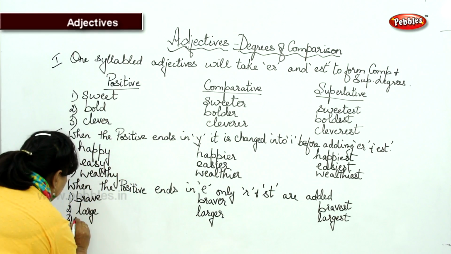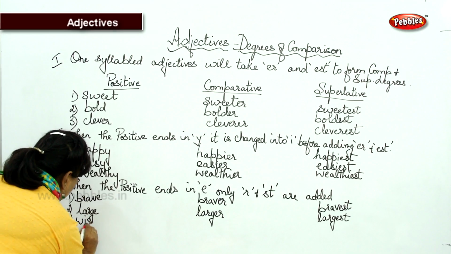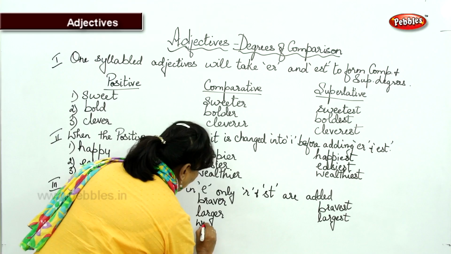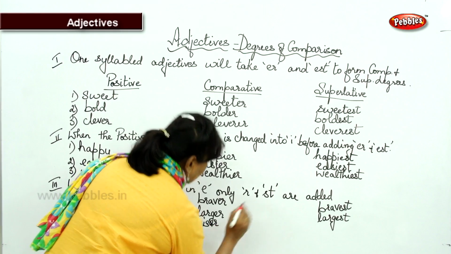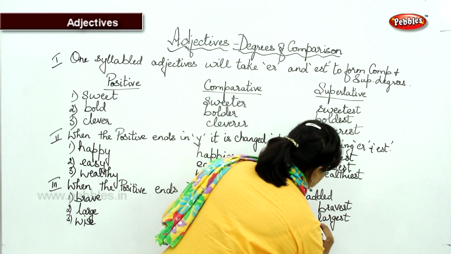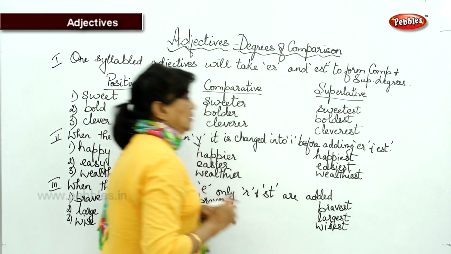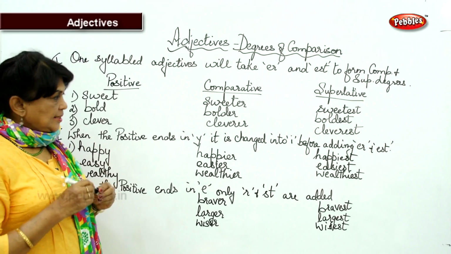Okay, wise, already E is there, so wiser, only R is added, and wisest. Okay, so you understand now.